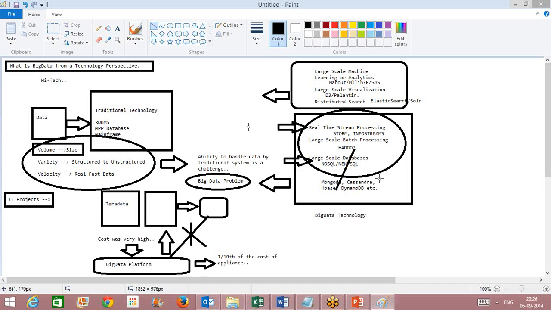But Hadoop is the underlying platform for a lot of these technologies. It is not to say that Hadoop is mandatory. If Hadoop is there, use it. If Hadoop is not there, you will still find a way to use it. Okay.